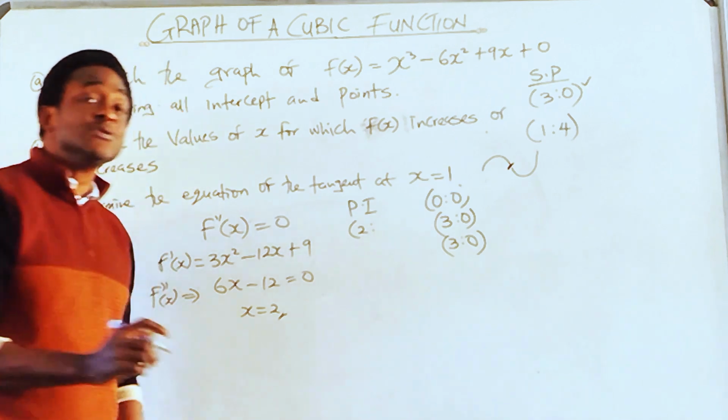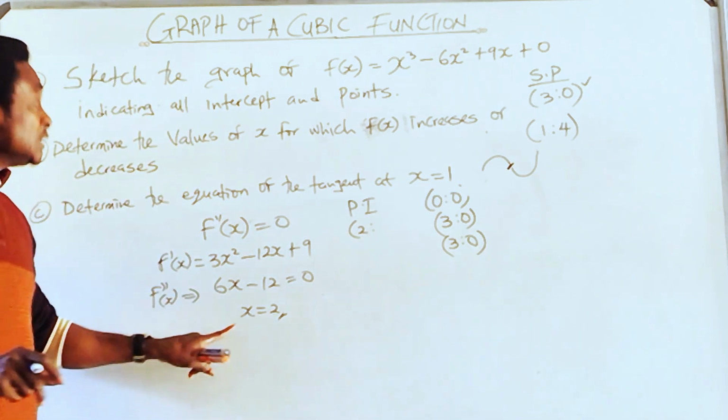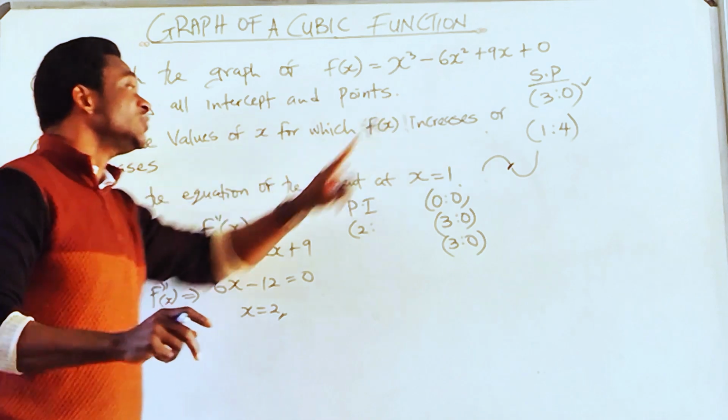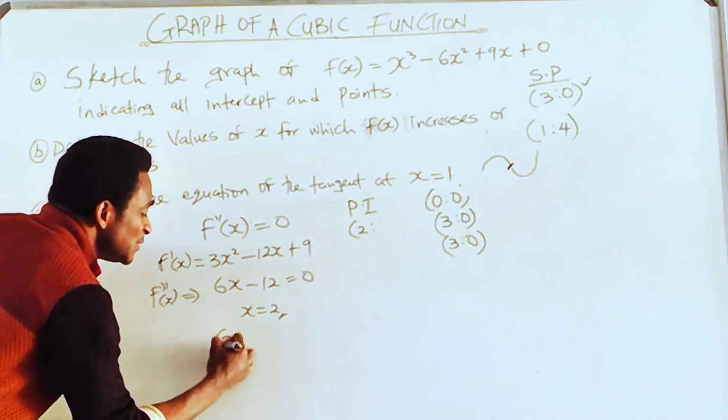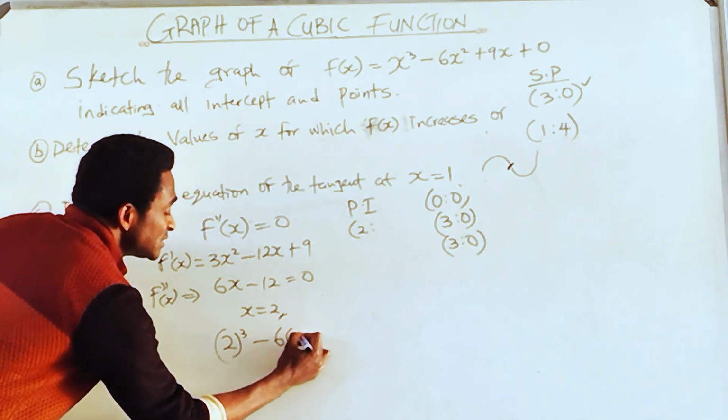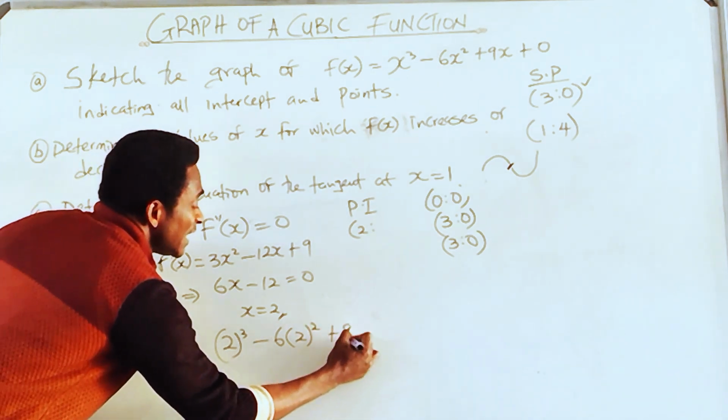We need to get the y value, just like we did with stationary points: sub it into the original equation. So we have 2 to the power of 3 minus 6 times 2 all squared plus 9 times 2.